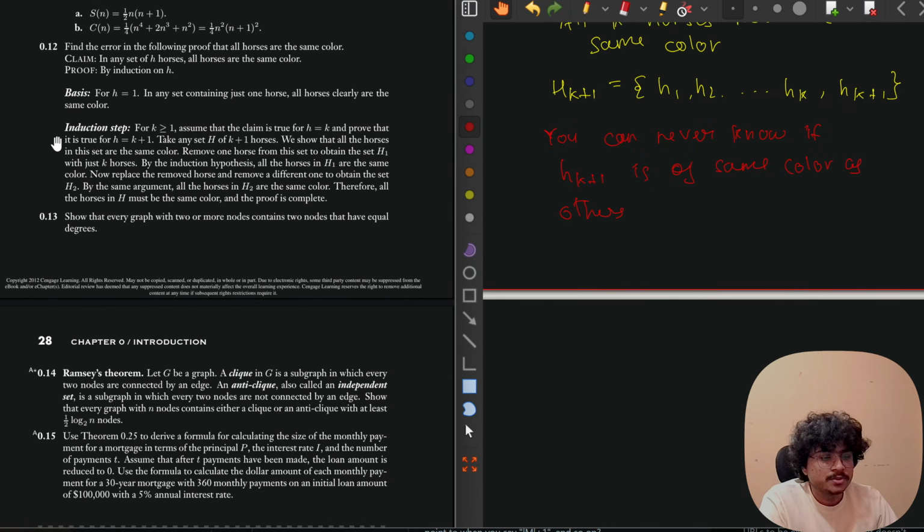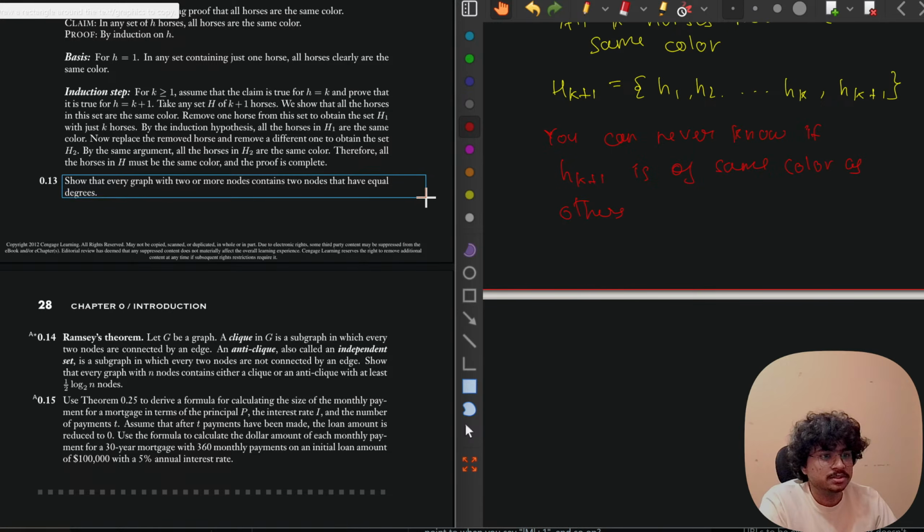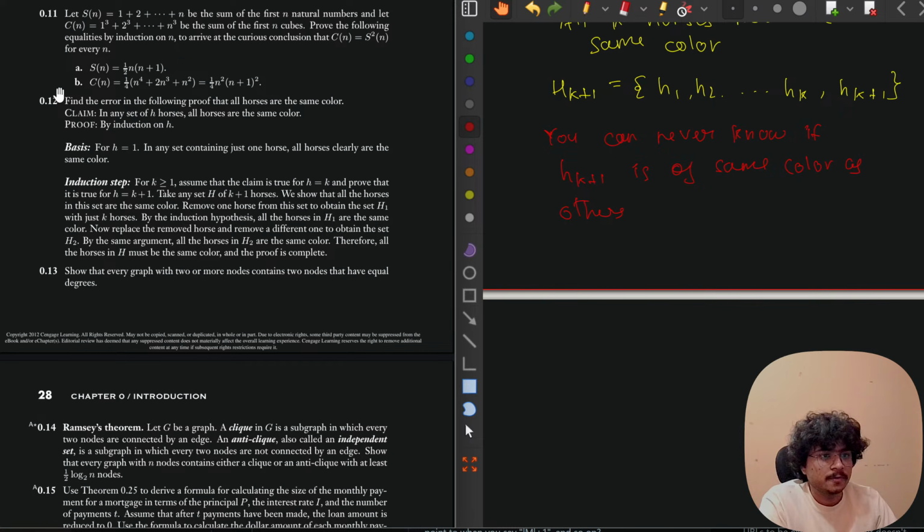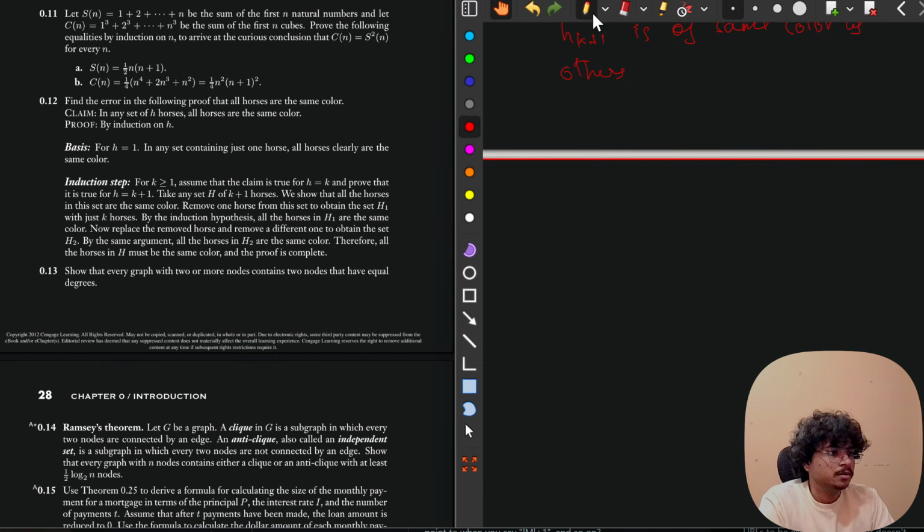I should search this question online for some answer. Well, you know what? The way it is telling me to write the sets, like H1 equals take one element, remove this element.